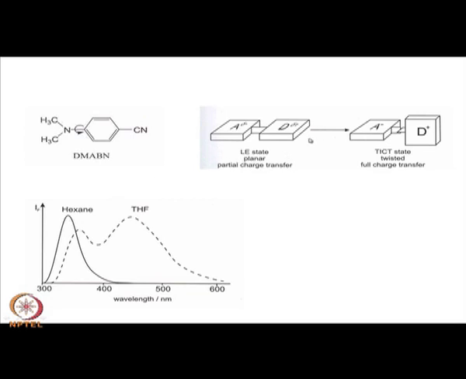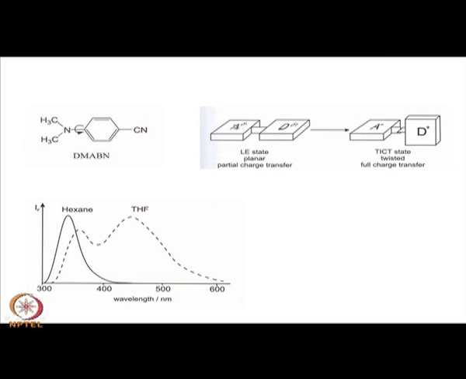Okay? Now, after this charge has been transferred from the donor to the acceptor, there is a possibility of rotation about this carbon nitrogen single bond, and as a result you see that this conjugation is lost.